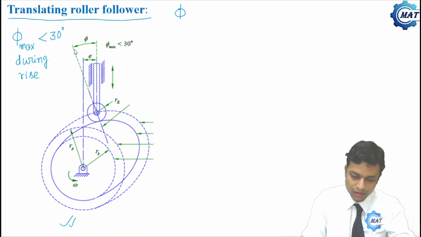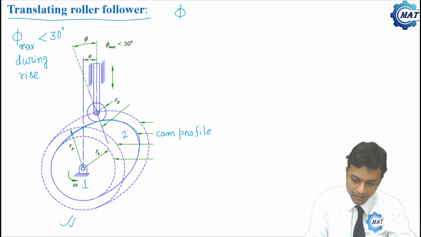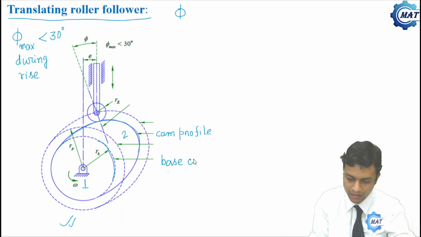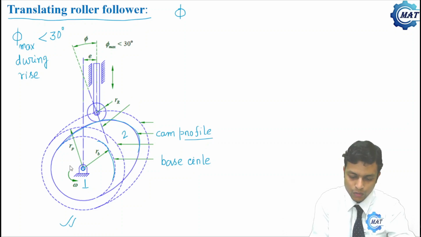What is phi? In this cam follower mechanism, the fixed link is 1, the cam is 2. This is the cam profile. This circle is called the base circle, that is, the smallest circle tangential to the cam profile and centered at the cam center O2.